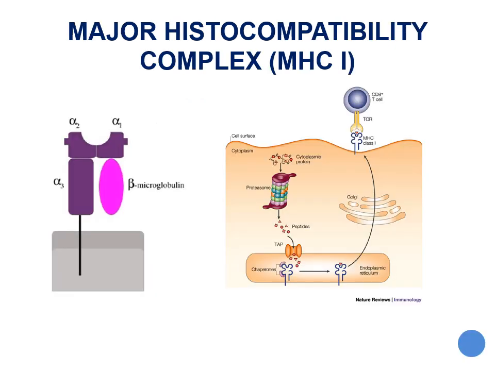Then the major histocompatibility complex takes the microglobulin and interacts with the CD8 T cell, and the CD8 T cell is reacting with the part of the antigen which is presented on the MHC class, and it is then activating the rest of the immune system.